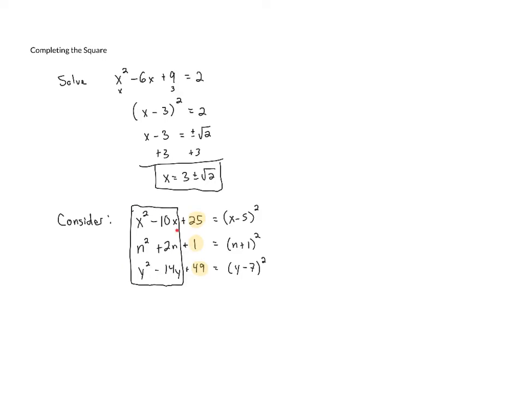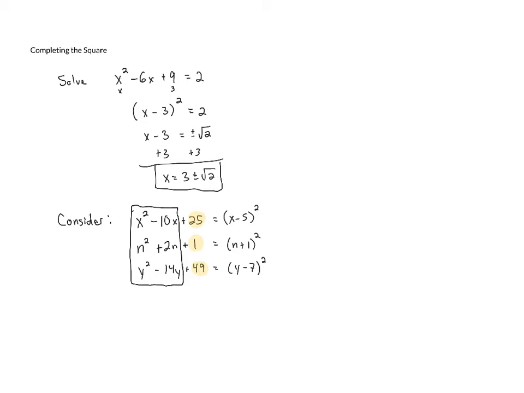Now in each of these examples, we have one piece of information that we're starting with. We have the coefficient on the x, or the n, or the y. And we need to, like a detective, figure out how these 3 things can change into these 3. So what can we do to negative 10 to turn it into 25? That will also turn 2 into 1, and it'll turn negative 14 into 49.